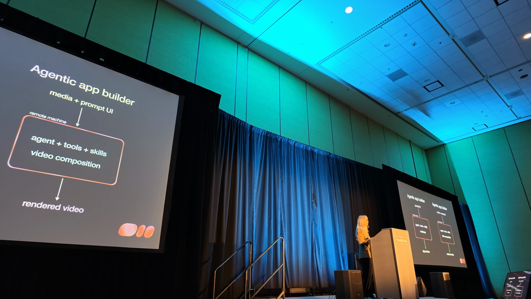There is a remote machine, which is called a sandbox, which is spinning up, and inside this machine there is an agent with tools and skills which is working on what you're asking it to do. In the case of the agentic app builder, it's a code base. In the case of the agentic video editor, it's a video composition. And as a result, in the agentic app builder, the user gets an app preview, and for the video editor, the user gets a rendered video.